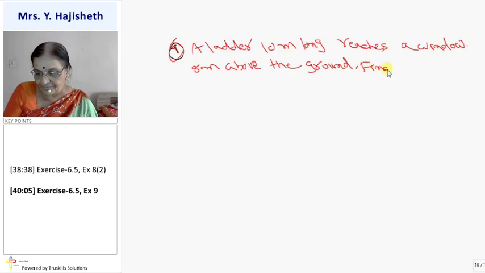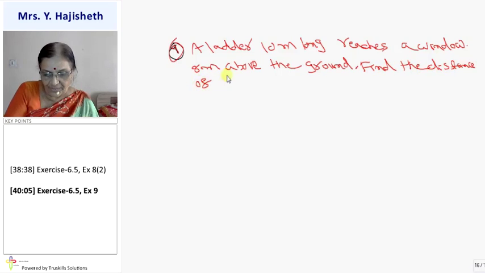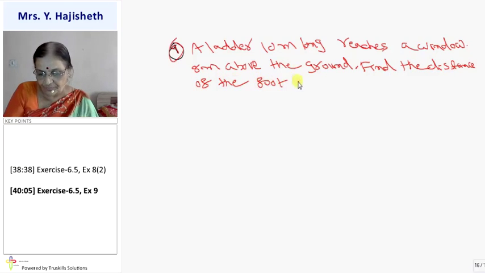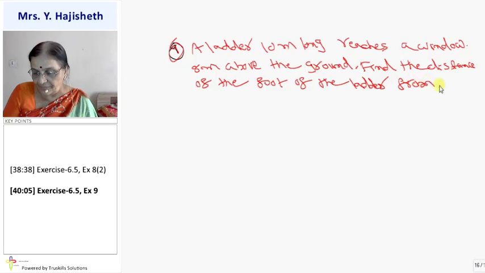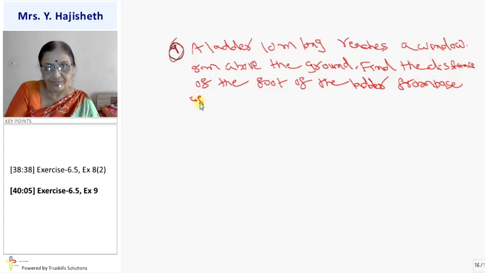Find the distance of the foot of the ladder from base of the wall. Very simple.